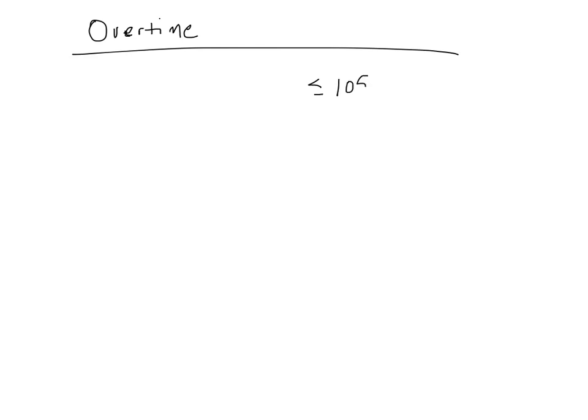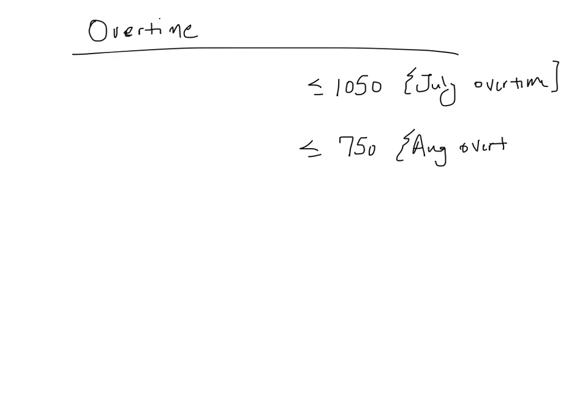So in July it would have been 1050 because we had 2100 July regular time. August we had 1500, so half of that is 750. August overtime. And in September we had 1200 total, so 600, and that should be September overtime.